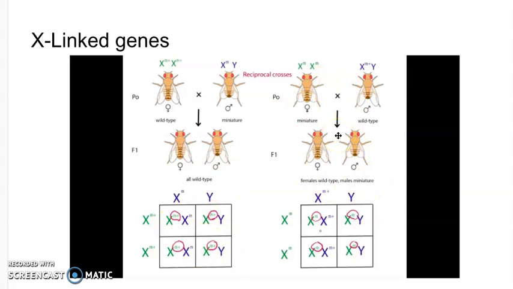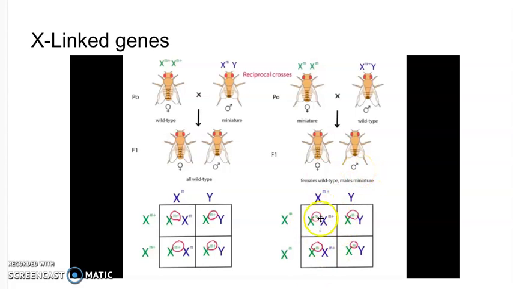Over here, on the other side, now I have a miniature female, so I have a mom that has two of those X-linked mutations. And I have a wild-type male, so a completely normal, non-miniature male. Their offspring are going to have a mixture. Females are going to be phenotypically completely normal. Males are not.